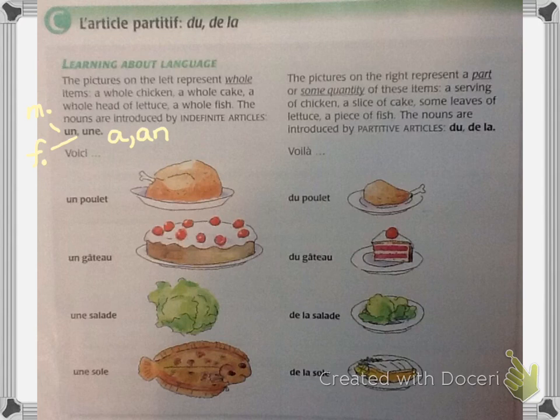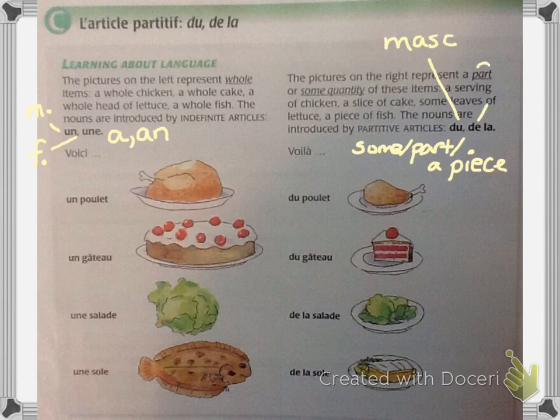Voilà de la sole. So, again, these mean some or part or kind of a piece. And du is our masculine one. And de la is our feminine.